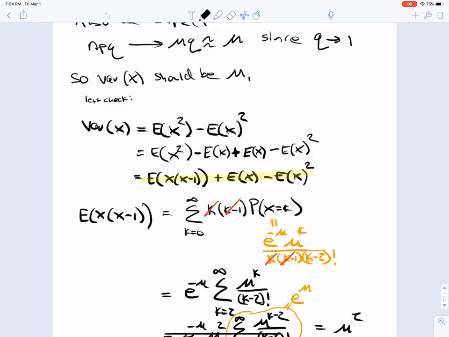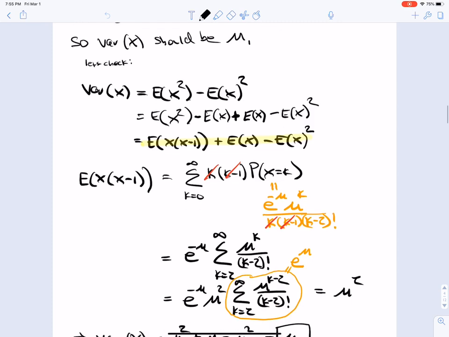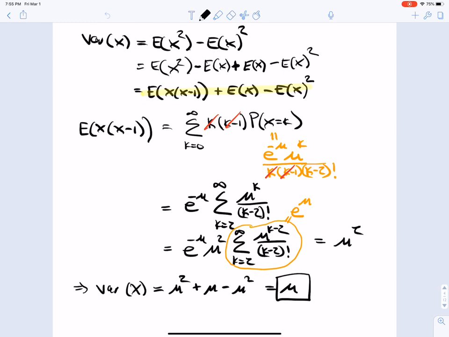To do this, we just do a trick where we subtract expectation of X and then add expectation of X. Calculating the expectation of X times X minus 1, we just use the definition and pull out an e to the minus mu. Then we get the Taylor series for e to the mu again, and we find that it's mu squared. So then the variance of X is mu squared plus mu minus mu squared, which is just mu.